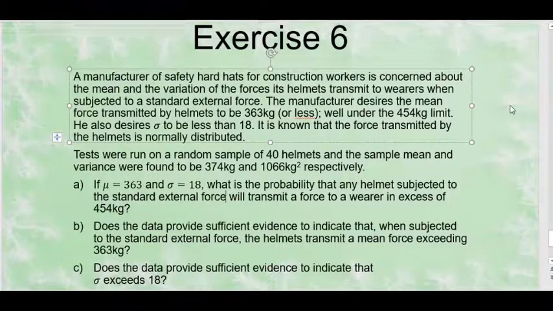He also desired sigma to be less than 18. It is known that the force transmitted by the helmets is normally distributed. Tests were run on a random sample of 40 helmets, and the sample mean and the sample variance were found to be 374 and 1066.